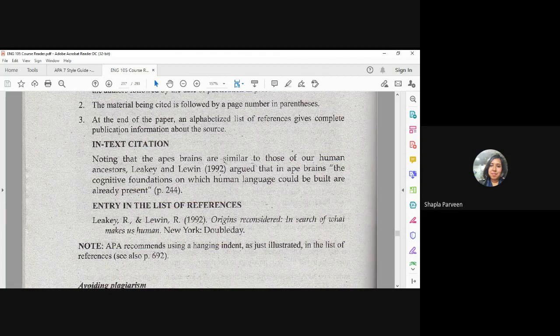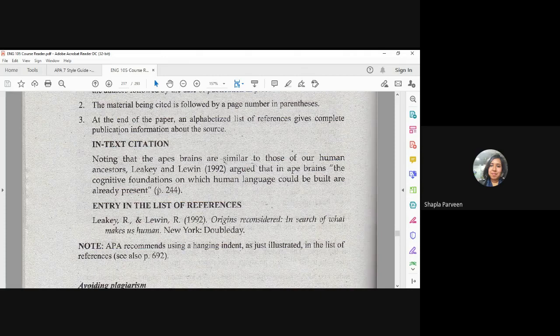Now, another way of providing in-text citation is that the writer could have directly quoted. He or she could have written, noting that apes' brains are similar to those of our human ancestors, and then in direct quotation, "the cognitive foundations on which human language could be built are already present."